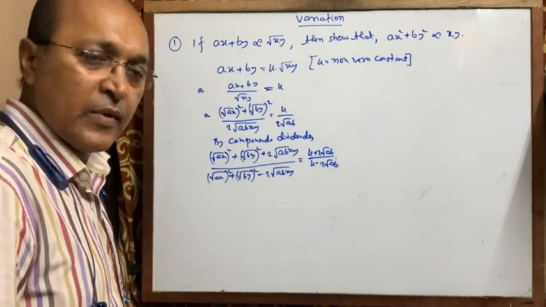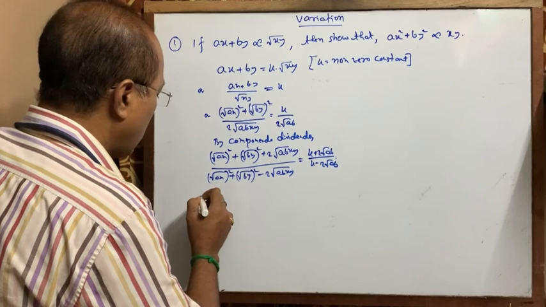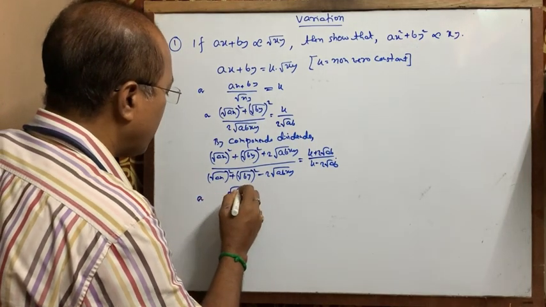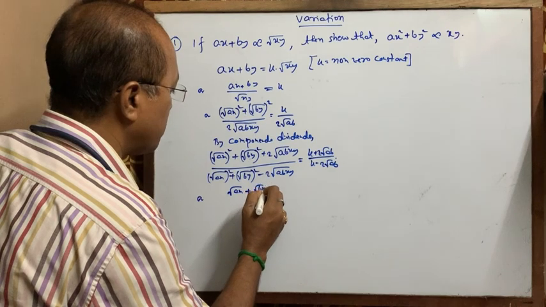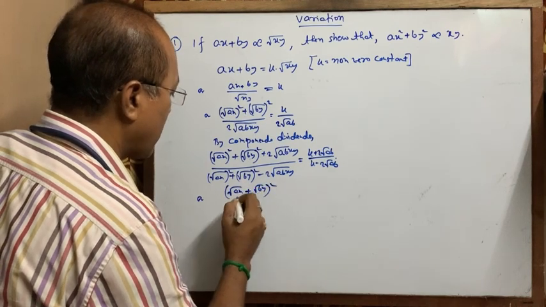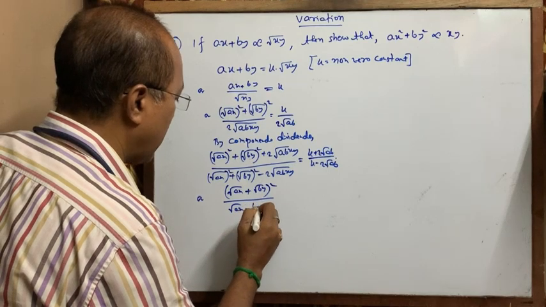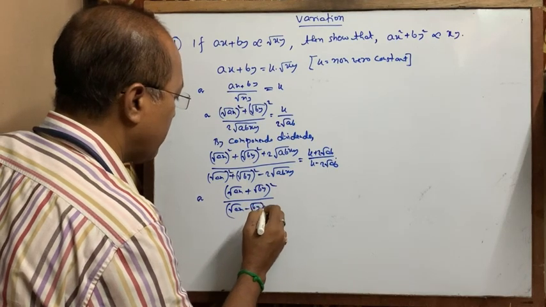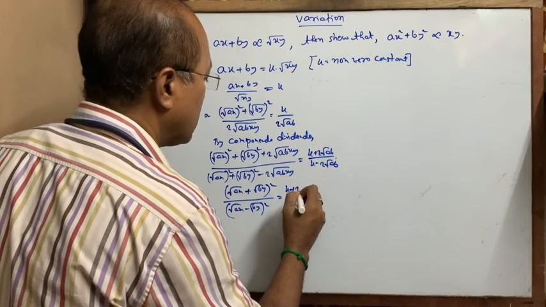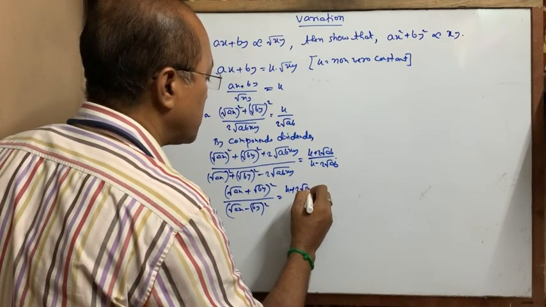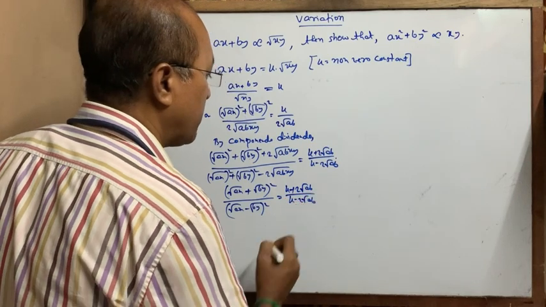Okay, now what we are getting is (root ax plus root by) whole square over (root ax minus root by) whole square, equal to k plus 2 root ab over k minus 2 root ab.